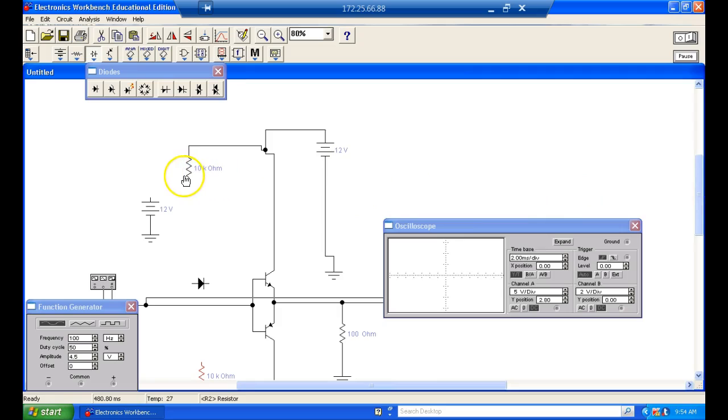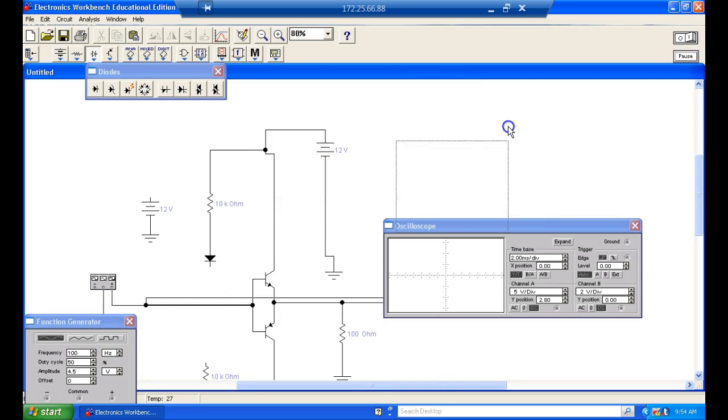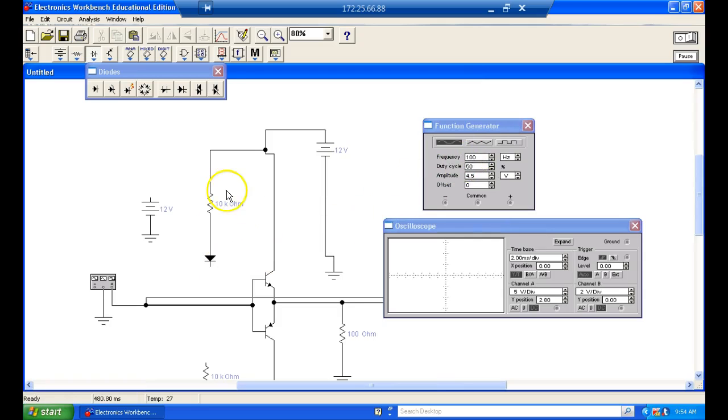So what we're going to do is take the circuit that we looked at before, and we'll take this diode and put it like this. And then we'll take another diode.